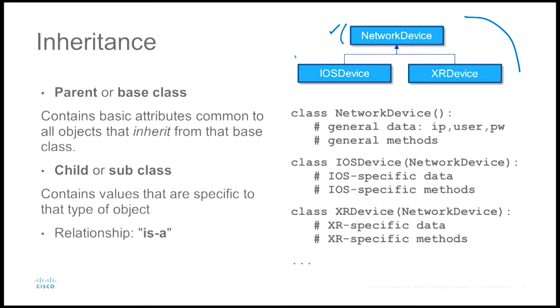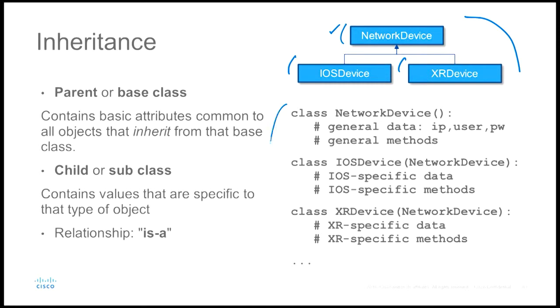It's going to contain information that is common to all different types of devices. And then we will define child or subclasses that we will use to define specific details and nuances of all the different device types. So as you can imagine, an iOS device is going to have slightly different capabilities than an XR device.